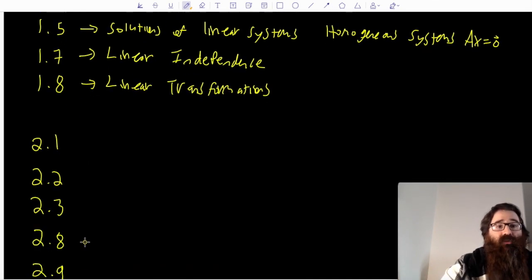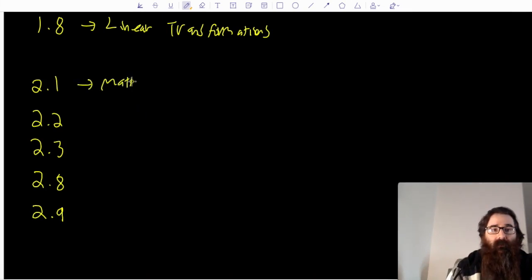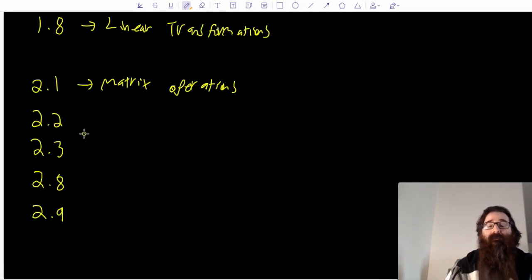Moving on to chapter 2. Now 2.1, we talked about matrix operations. Really introducing a lot of the foundation for what we're going to go with next with working with matrices, right? Talking about multiplying, arithmetic with matrices.